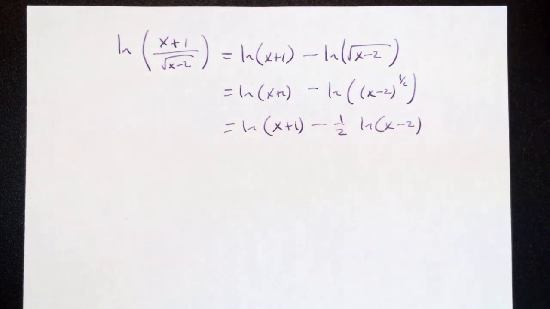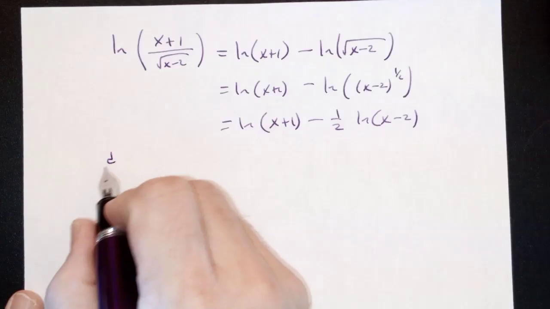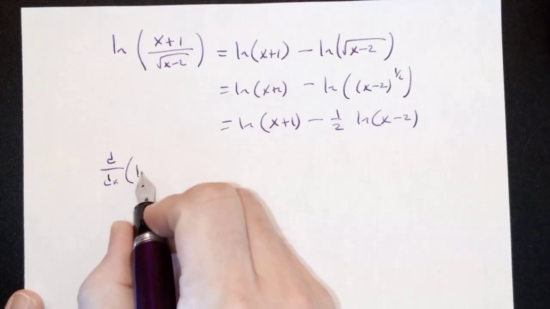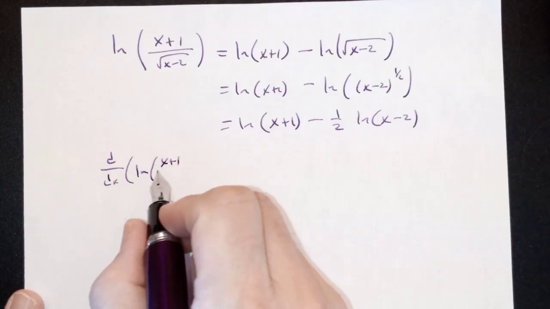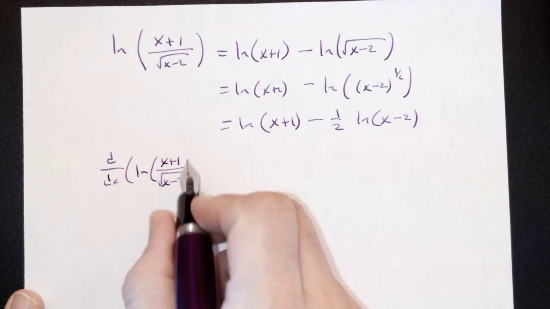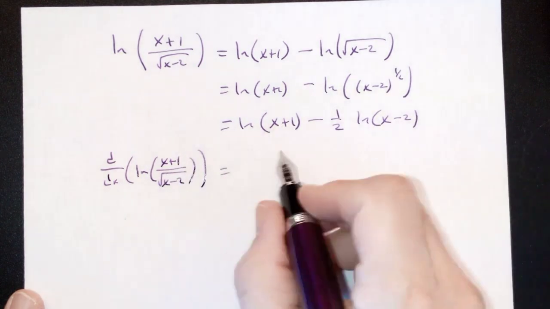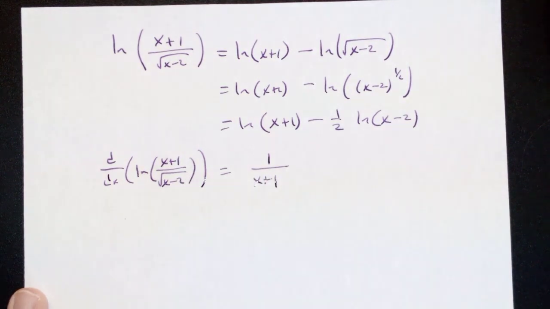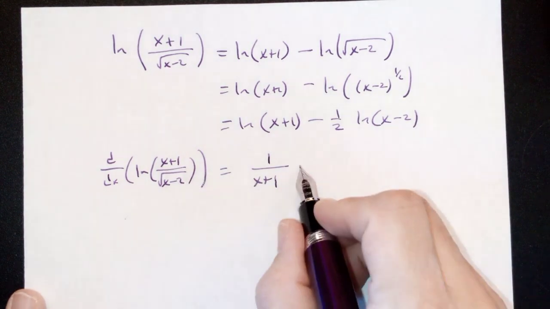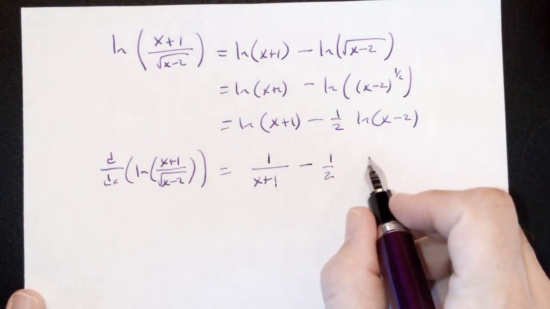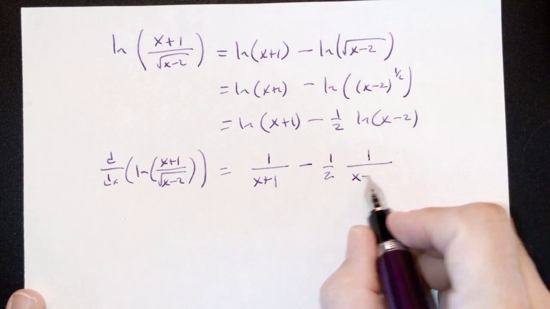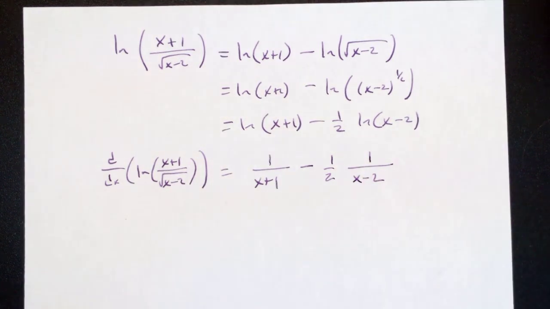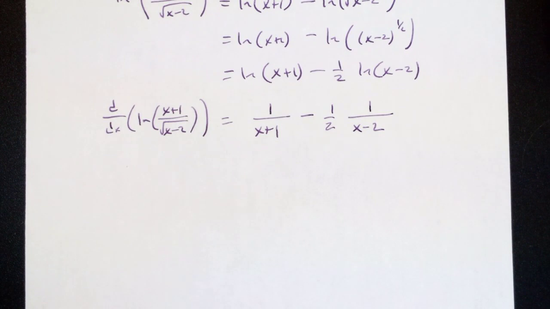So when I start doing the derivative, I really do the derivative of this stuff. 1 over stuff times the derivative of stuff, which is 1, minus 1/2 times 1 over stuff times the derivative of stuff, which is 1.